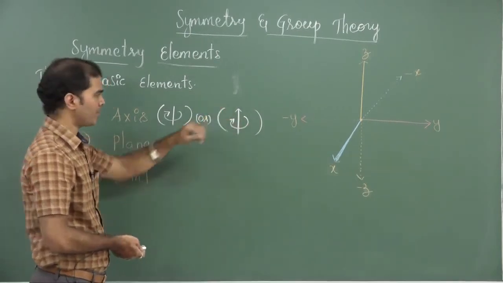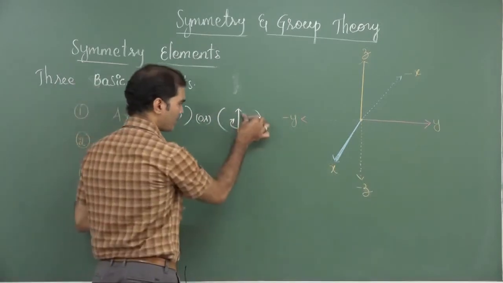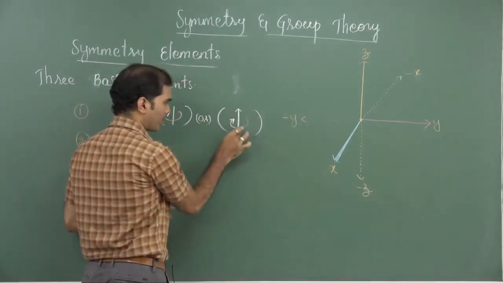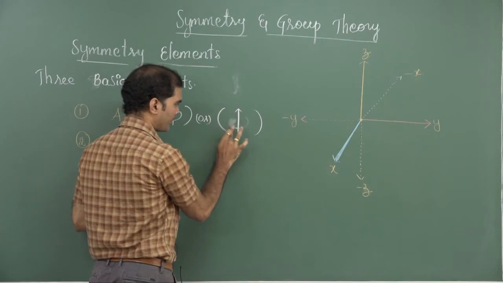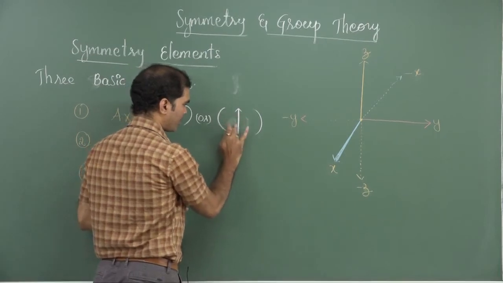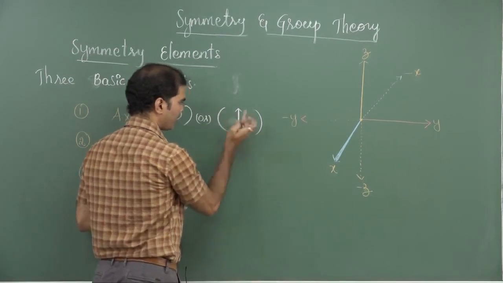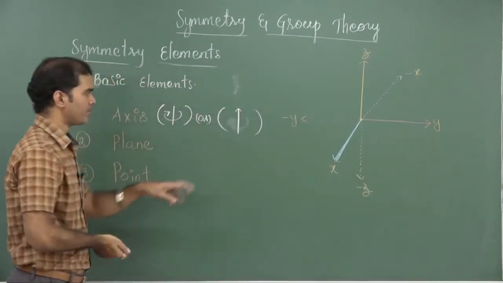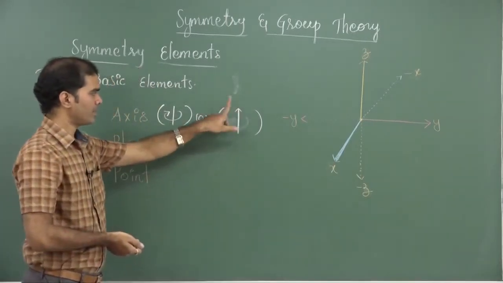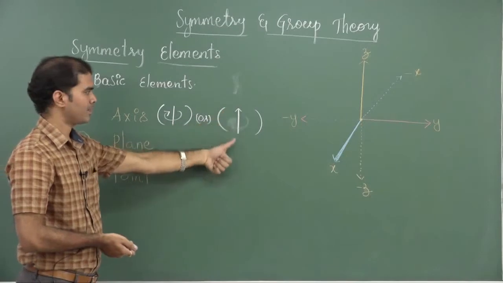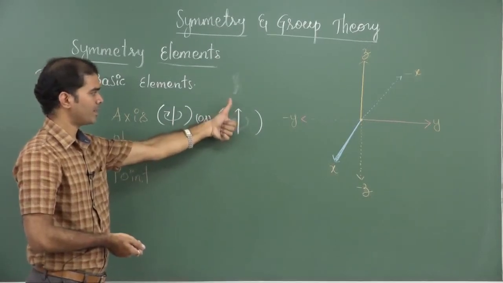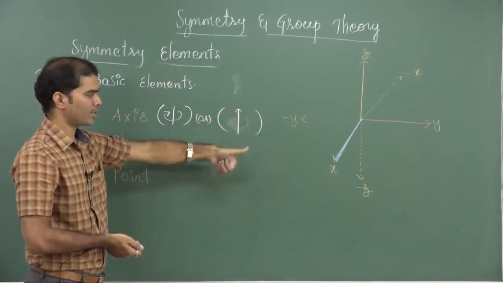So if you are confused with an operation in the beginning, then you need not show this. If you are aware of symmetry, then you can show, but if you are a basic student trying to understand the basics, then you can just remove this. So once you have removed this, this is considered an axis. That axis could be along the z direction, or it could be along x, or along y.